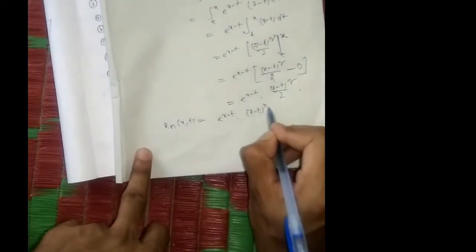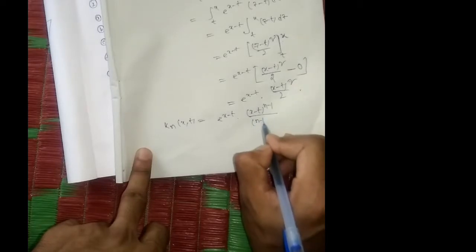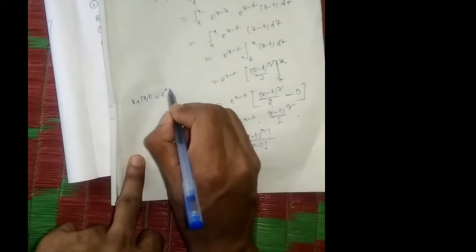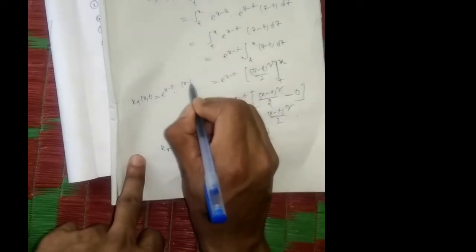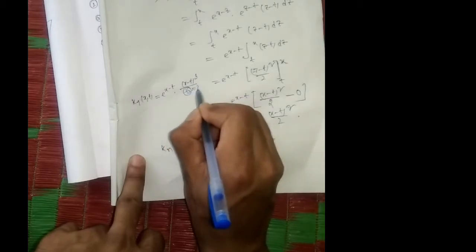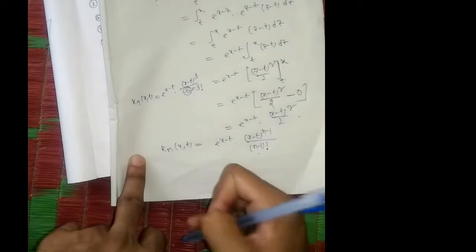So similarly kn(x,t) is nothing but e to the power x minus t times (x minus t) to the power n minus 1, divided by (n minus 1) factorial. If we also find k4, then we get e to the power x minus t times (x minus t) cubed by 6, and 6 can be written as 3 factorial. So this is n minus 1 factorial.